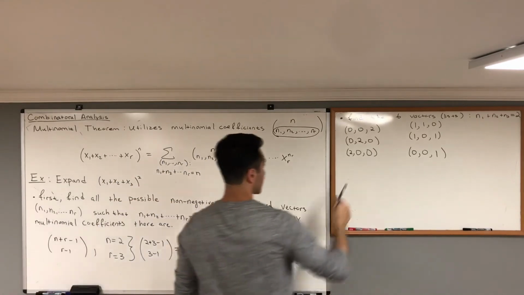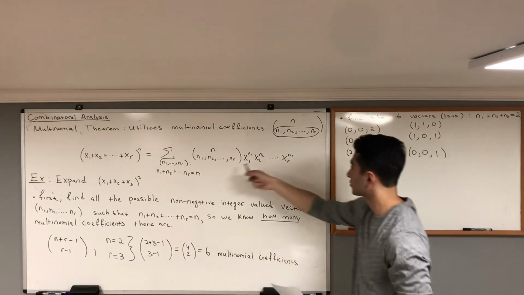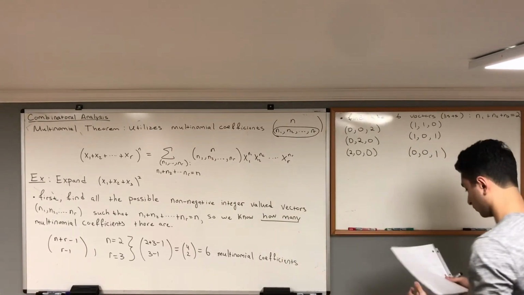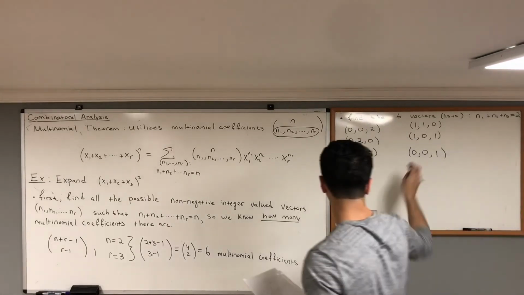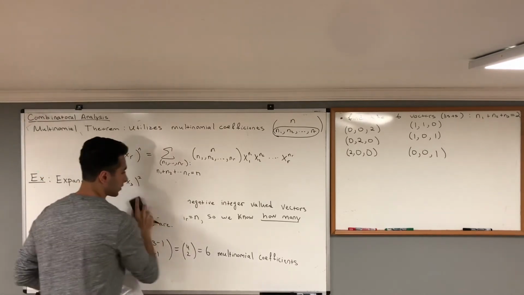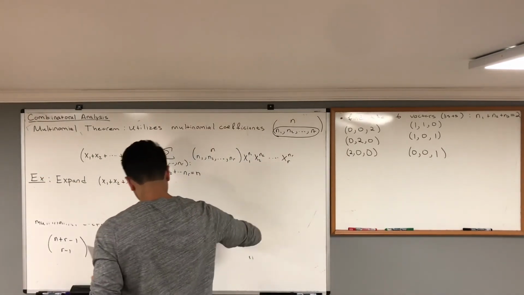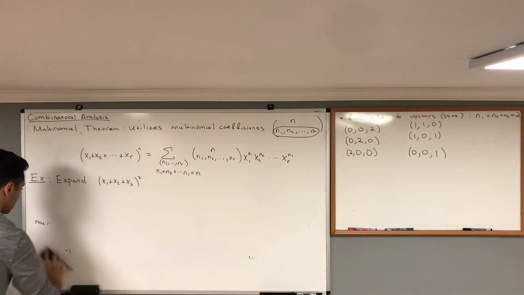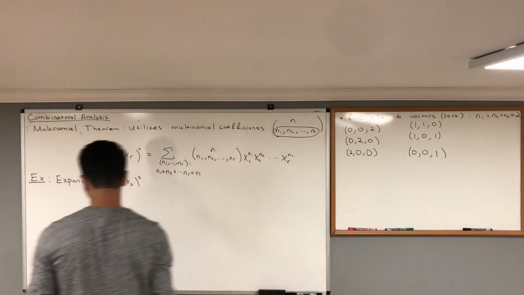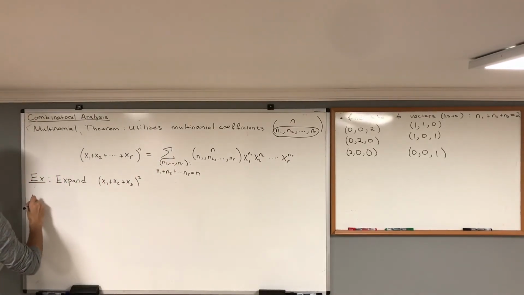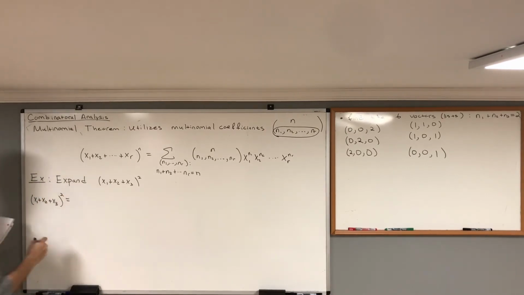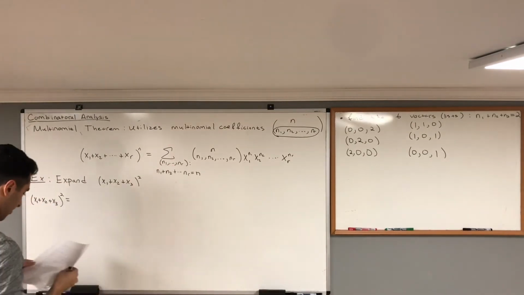But we're not done, because now all these lists will apply to this, and then we have to sum over all those different lists. So now that we've found our lists, let me erase this, and we'll get to that, and then we'll be done. Okay, so x1 plus x2 plus x3 to the second power, and we'll be expanding it using this.